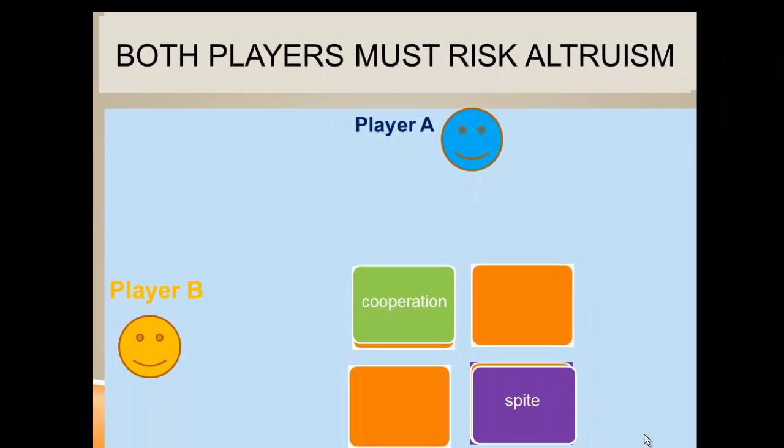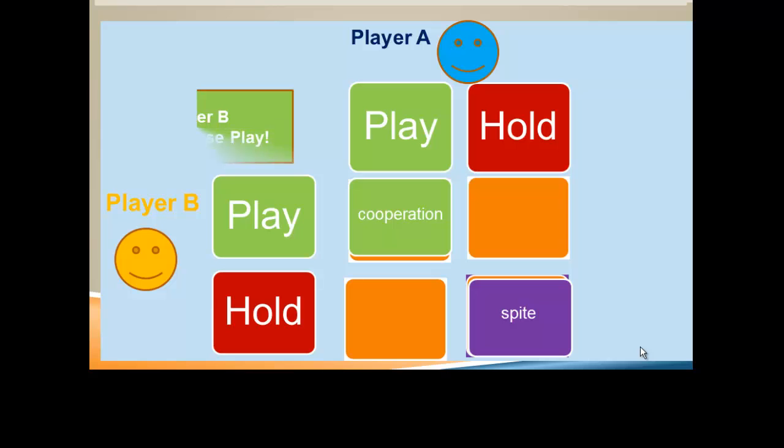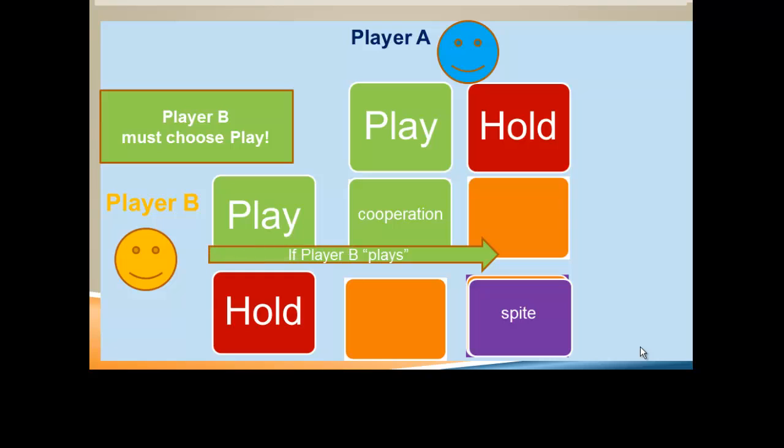And what are the obstacles to that? Well, for this to happen, both players have to risk being an altruist. So let's look at this again. Let's say that player B decides to play, and player B has to do this if they're going to hit that cooperative corner. So what's the risk in this?